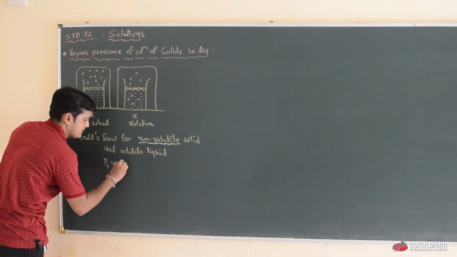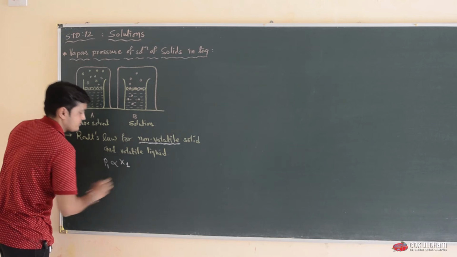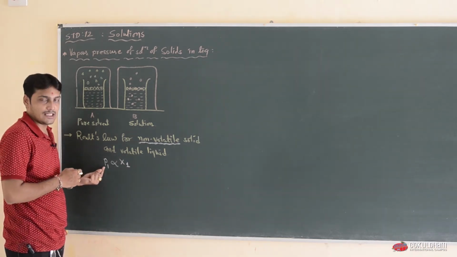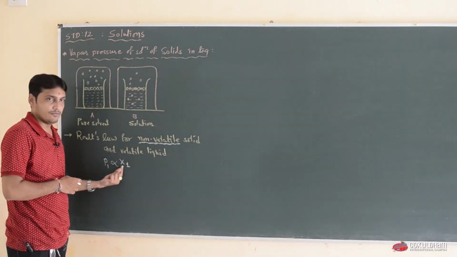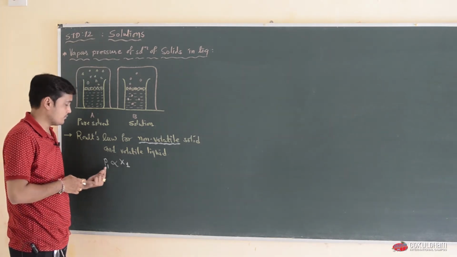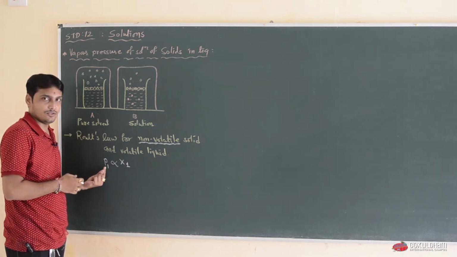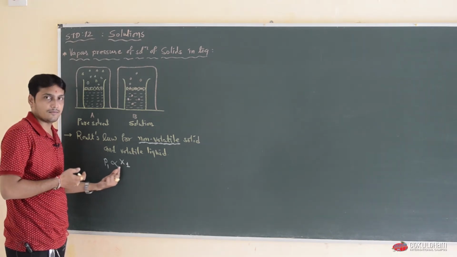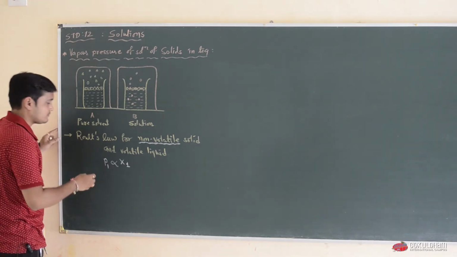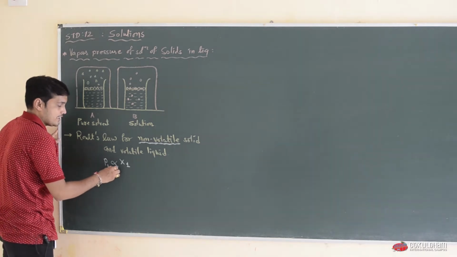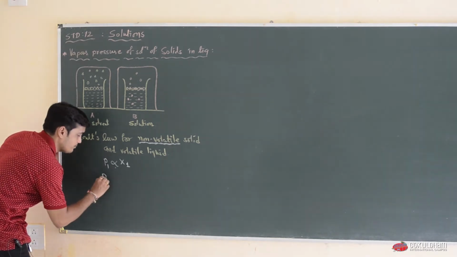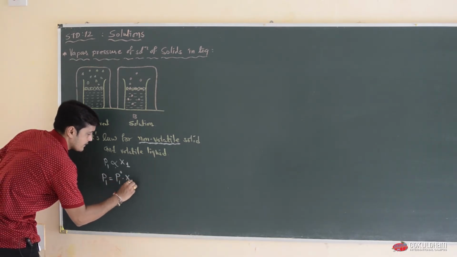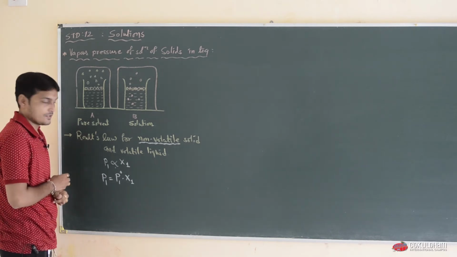P1 varies as x1. P1 means vapor pressure of any component, x is mole fraction. So the rule is vapor pressure of any solution is directly proportional to the mole fraction of solute. If we want to remove this proportionality symbol, P1 is equal to P1⁰ into x1.